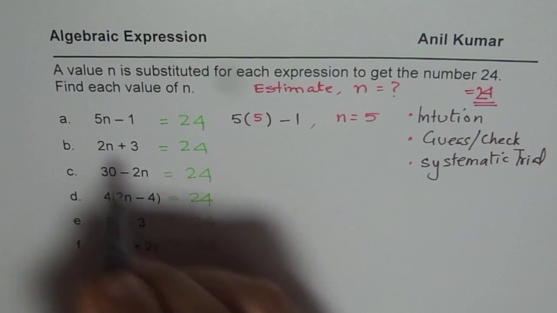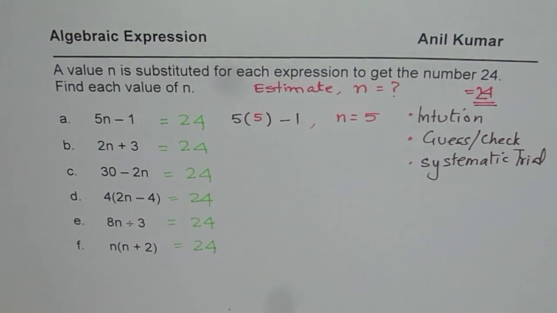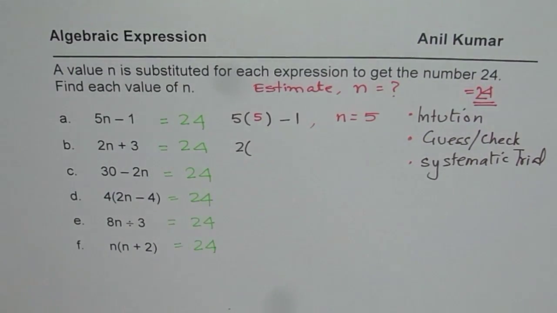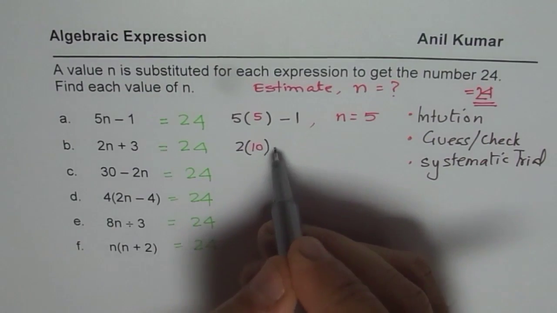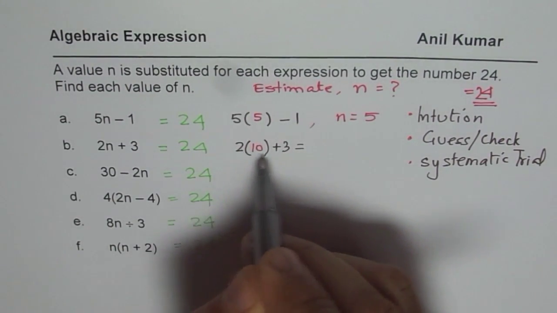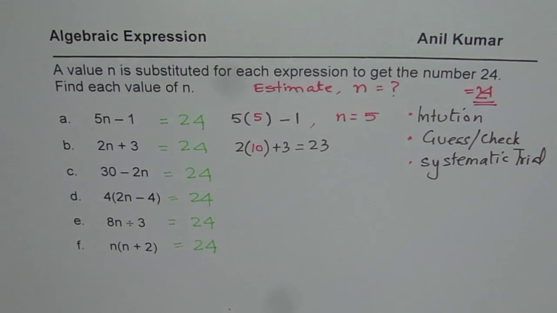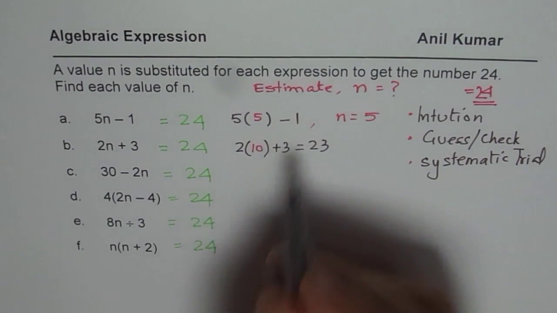So let me try 2 times 10 and then add 3. What do I get? I get 23. So I'm close to 24, but not quite there. So the number should be slightly more than that.